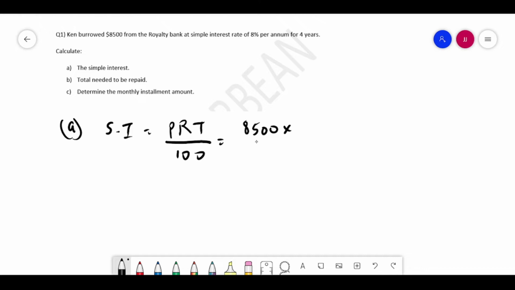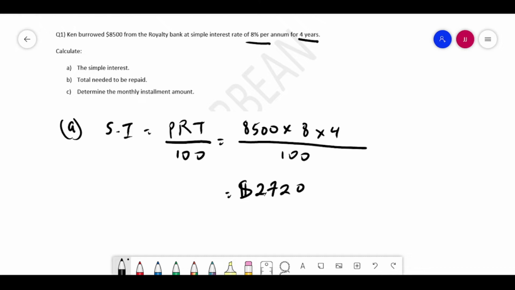We know the principal is 8,500. We know the rate, which is a percent obviously, is 8%, and we know the time is 4 years, over 100. Just plug that into a calculator. That will be $2,720.